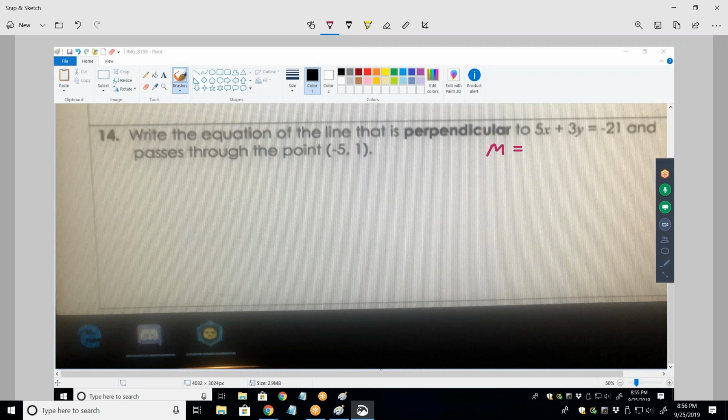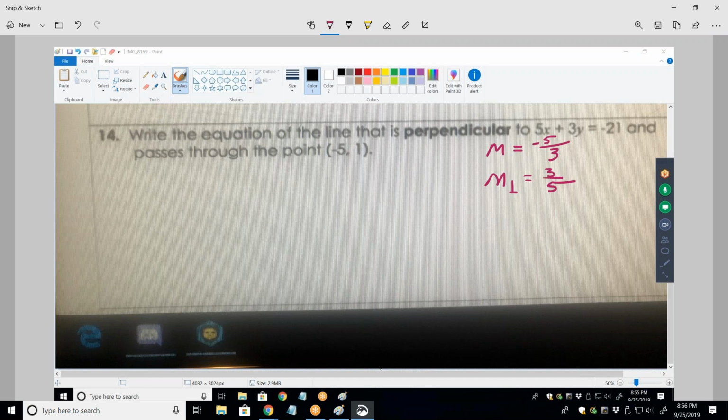It would be negative 5 over 3. Negative 5. It's important, you can't drop a negative sign. So what's the slope of the perpendicular? It's 3 over 5.